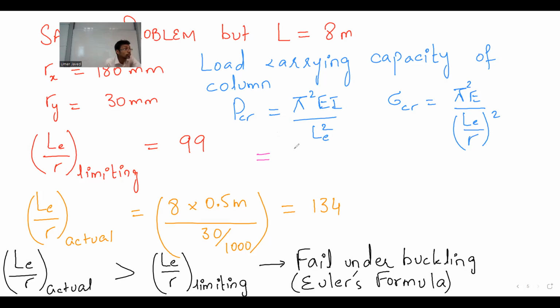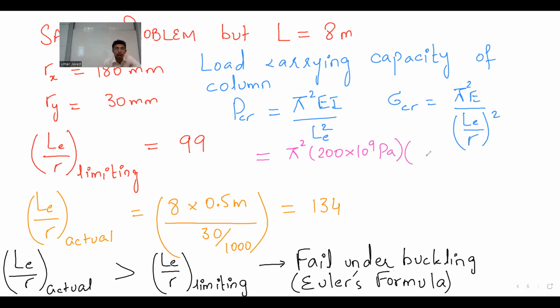124 kilonewton, 300 kilonewton, 329. Okay, I don't know the values, but I will believe what you just said. Pi square, the E value was given to me as 200 gigapascals, so 200 into 10 power 9 pascals.